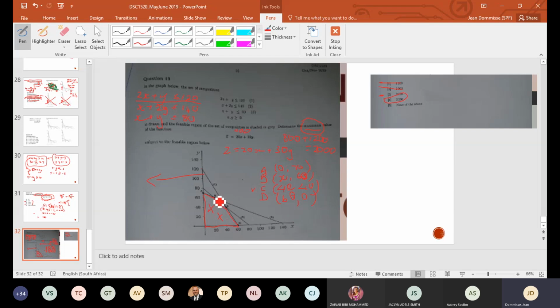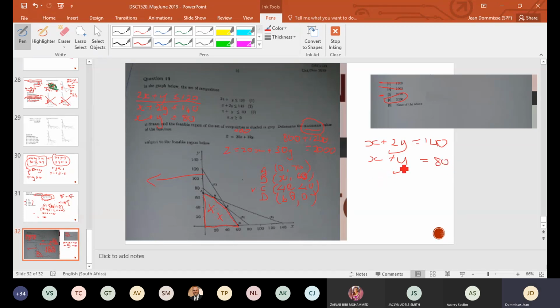So let's quickly look at it. That was equation 3 and that was equation 2. Let's look at equations 2 and 3 and see if we solve it. Equation 2 is x plus 2y is equal to 140. And x plus y is equal to 80.